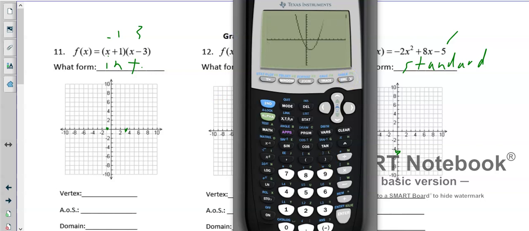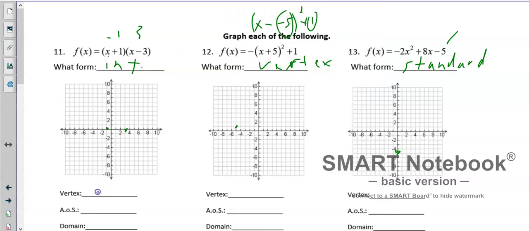Now remember, since we know where these are, negative 1 and 3, we also add them together and divide by 2 to find the vertex. So 3 minus 1 is 2, divided by 2 is 1. So we know that the vertex is going to be at x equals 1. And the calculator tells us that 1, negative 4.